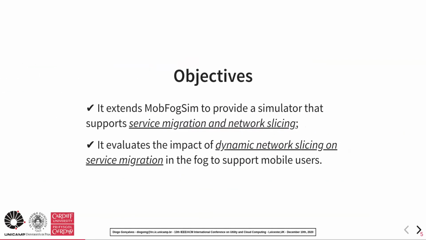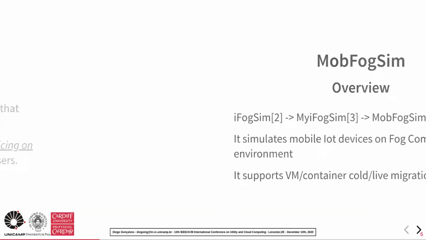In this work, we extend MobFogSim to support network slicing. Then, we are providing a simulator to evaluate network slicing in the context of service migration on fog infrastructures. We also provide in this presentation an evaluation of the impact of dynamic network slicing on that scenario.